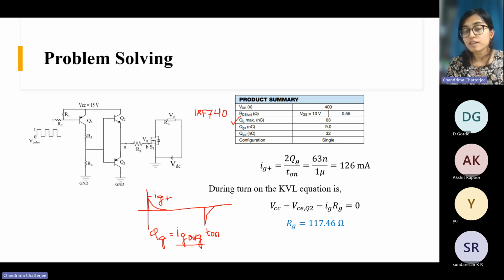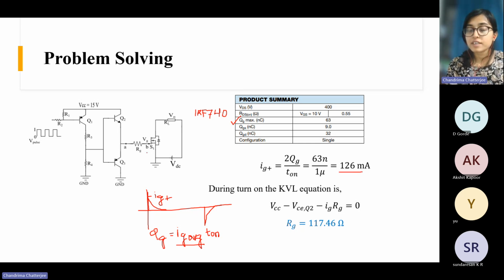Now you need Ig average. Ig average is Ig peak by 2 approximately. So Ig plus is 2 Qg by T on. We know Qg, we know T on. From there we get 126 milliampere.